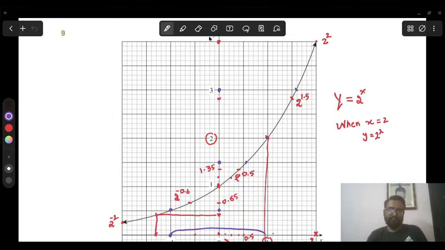Can you see this graph? What is happening? Is this a graph of log x?